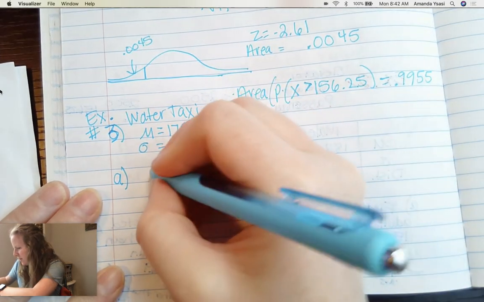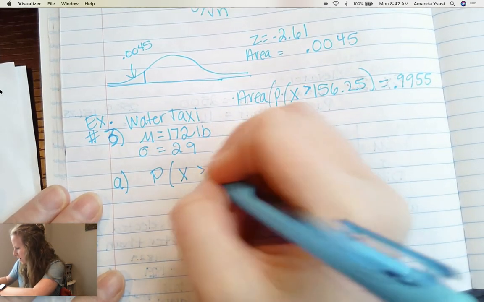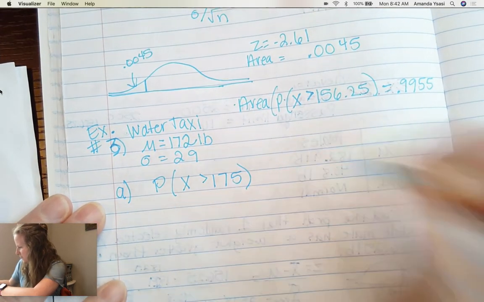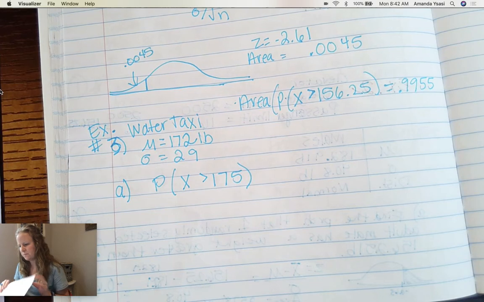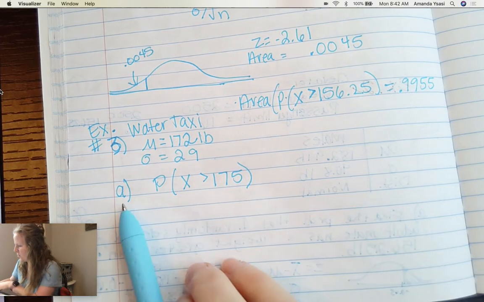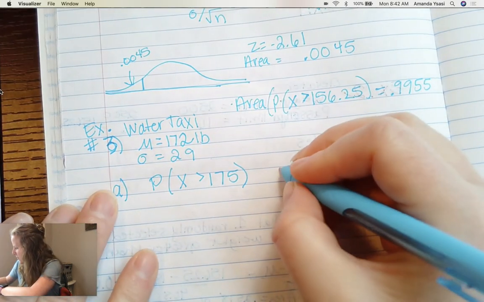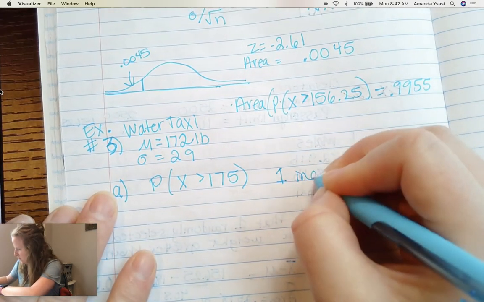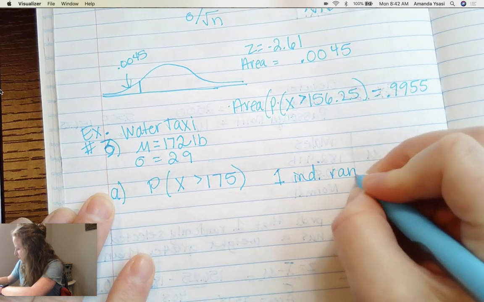So find the probability that x is greater than 175. Okay, so the first one is we're just dealing with one individual randomly selected.